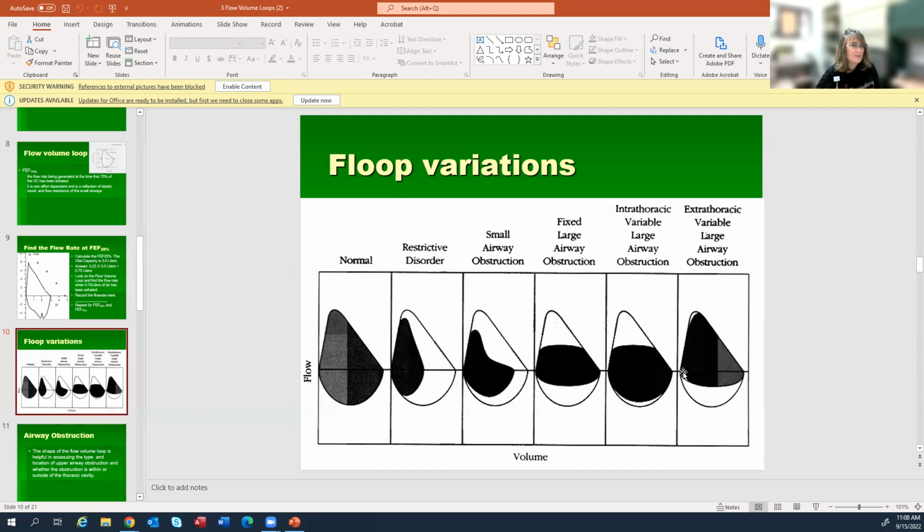And then for the last one, it's extra thoracic, so outside of the thorax, which would be the larynx. And you can blow out just fine. So extra thoracic airways, it's opposite from inside the thorax. Outside the thorax, when you blow out, everything opens up. It's easy to blow out. But when you breathe in, the upper airway can collapse.